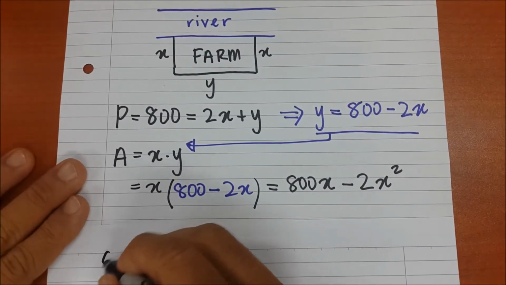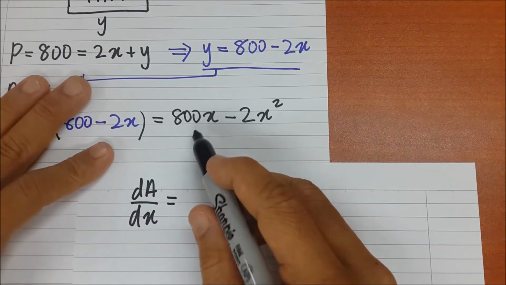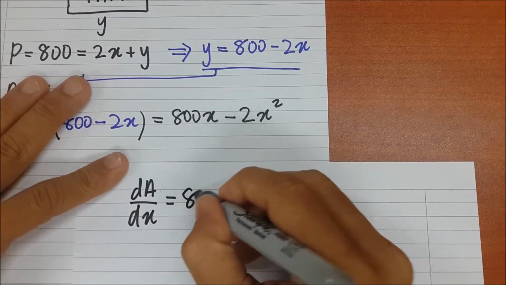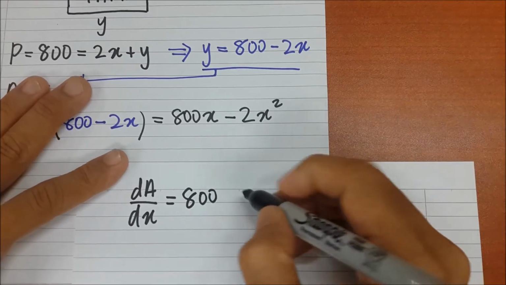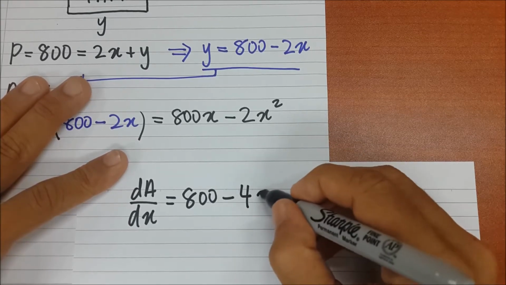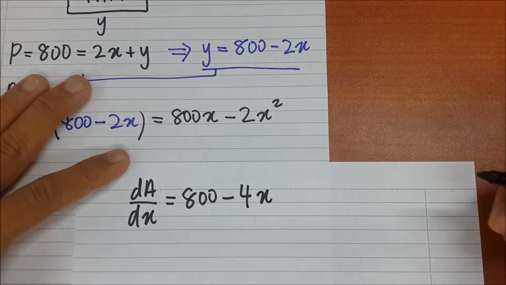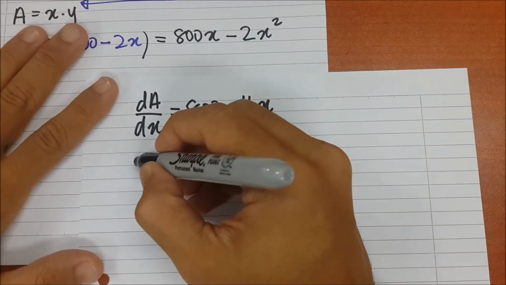So the derivative of A in terms of X: the derivative of 800X gives you 800 only, minus the derivative of 2X squared, 2 times 2 gives you minus 4, and X with the power 2 reduced by 1 gives you 4X. Next, we need to find the critical point.